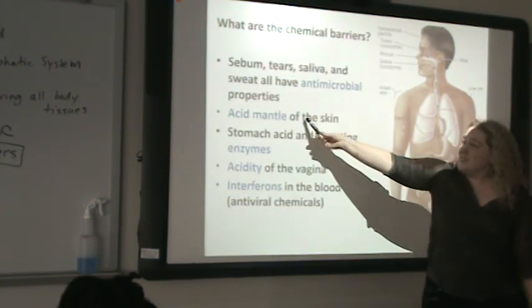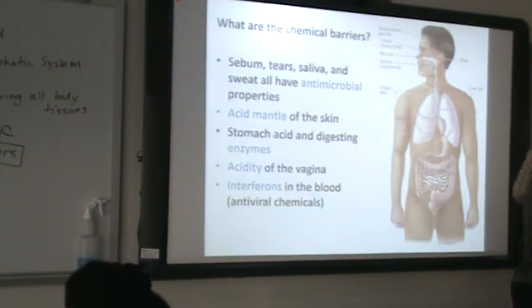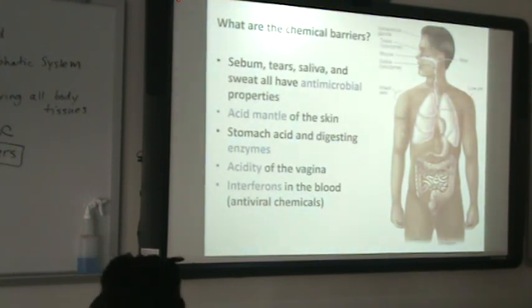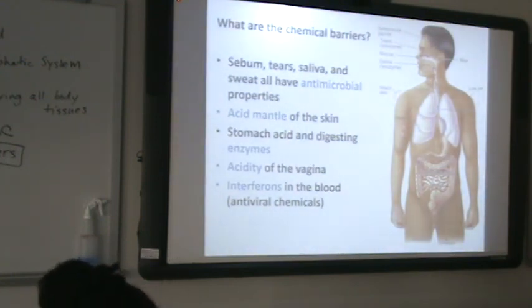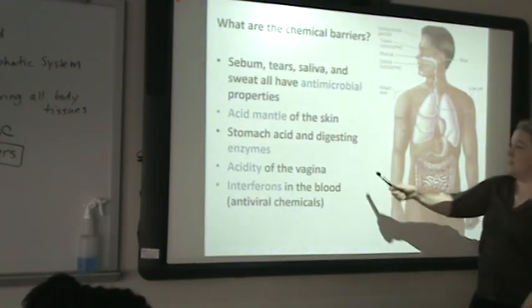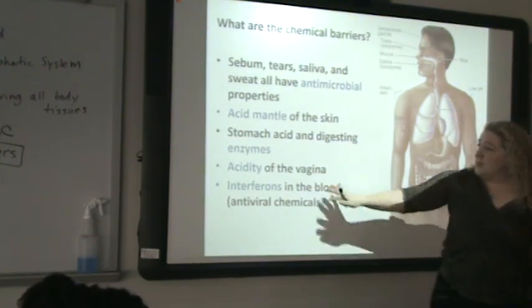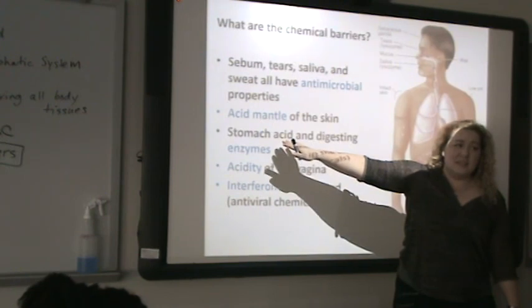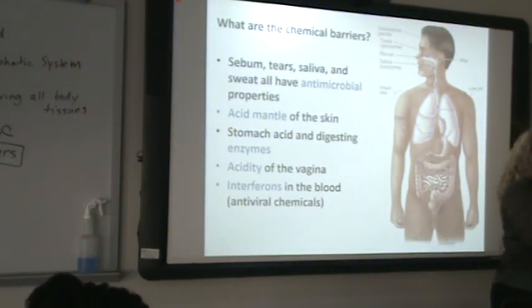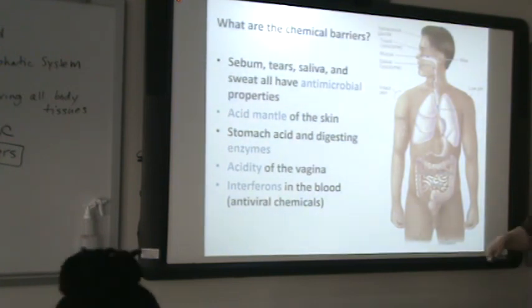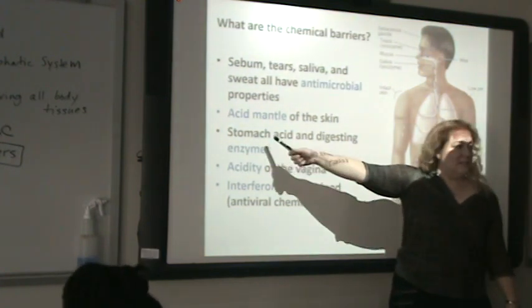Your skin itself, not only is it continuous, thick, keratinized, it also normally ought to be acidic. That's protective, to prevent microbial growth. Your stomach definitely is acidic, so any microbe that you ingest, down the esophagus into the stomach, a lot of them cannot survive the acid.